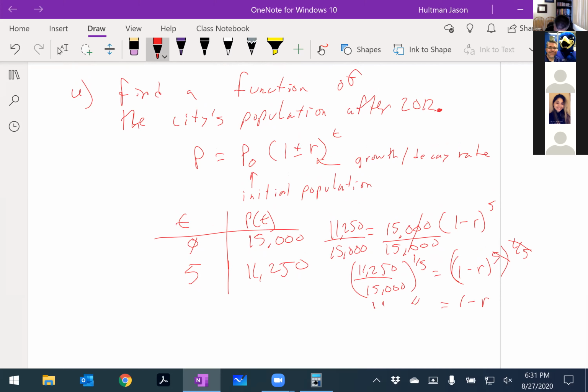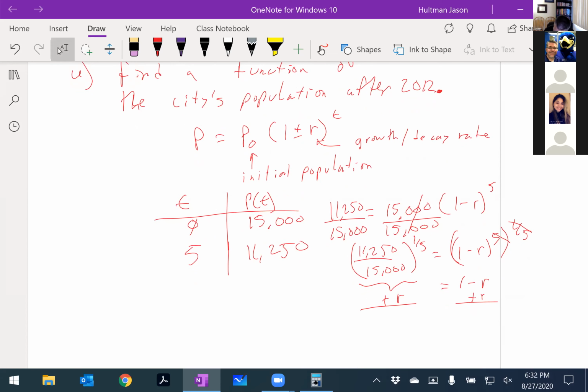Now, how could I solve for R? Well, if I were to add R to both sides, I would get R plus this thing here. So we would take this thing here and add R to it, right?